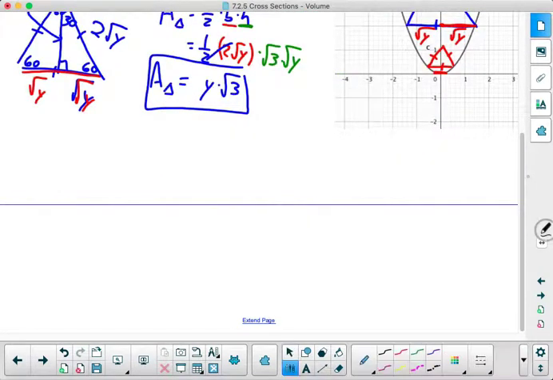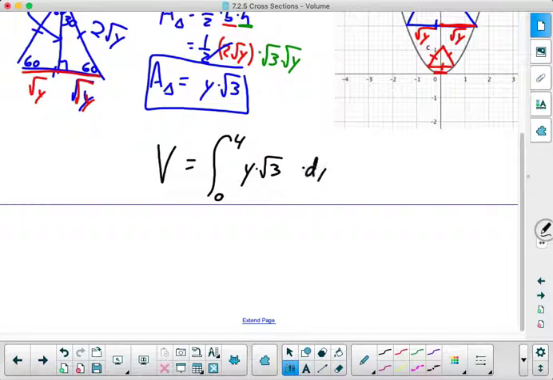If that's one triangle, we want to find the volume. Like before, I'm going from 0 to 4. I just have this area of one triangle. I'm adding those up. So as y changes, my area is going to change based upon what we figured out. If I want to anti-derive this again, maybe you want to pull out the square root of 3. So it's really just the integral of y. Some of you, I'm sure, are done with this, so bear with Mr. Roy, check your work.